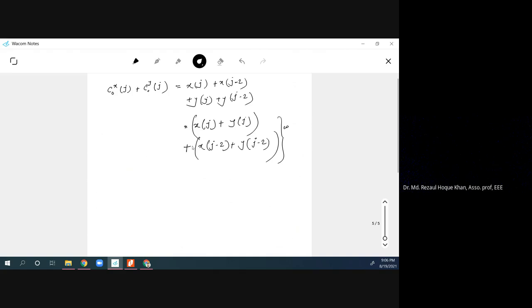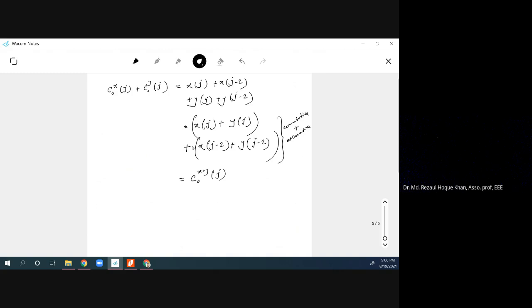Commutative and associative rules apply here, which gives us c0 of x plus y. How can we interpret this?